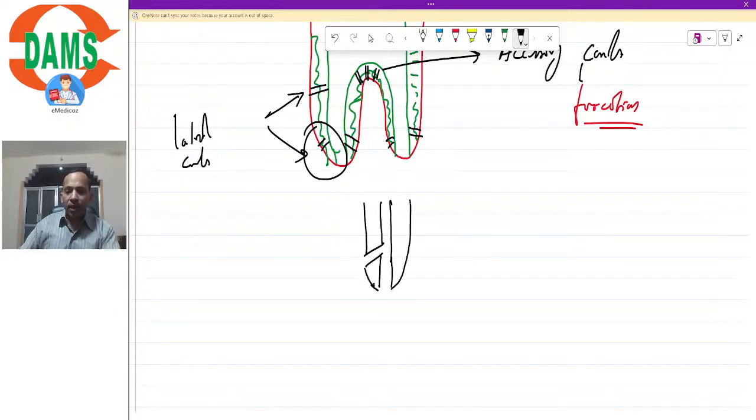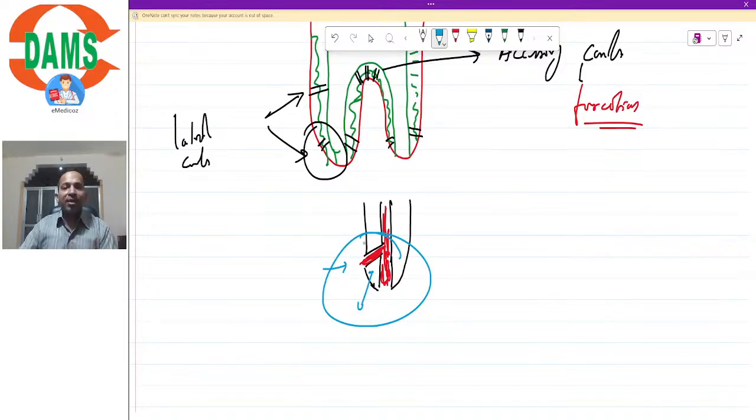This is the main pulp canal, and here this is the lateral canal. Because of the formation of this lateral canal, a delta of dentine is present between this lateral canal and the main canal. That's why it is known as apical delta. It's present at the apex. So usually these lateral canals are found close to the apical third, right?